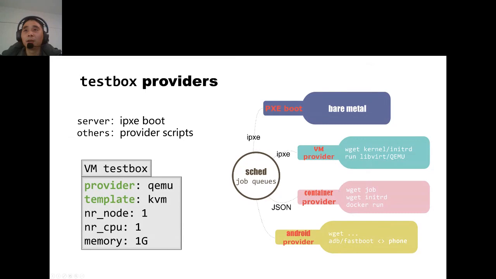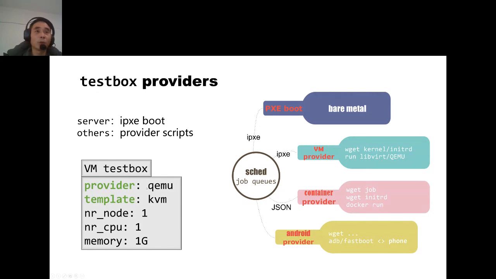For container, the protocol is simpler with JSON HTTP, and commands are similar. Android is possible, but for now we have not implemented it because it's not the priority now.